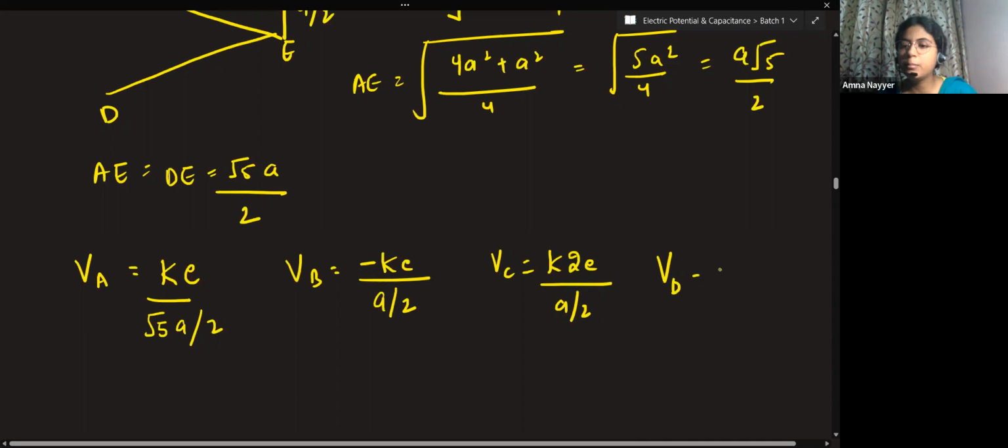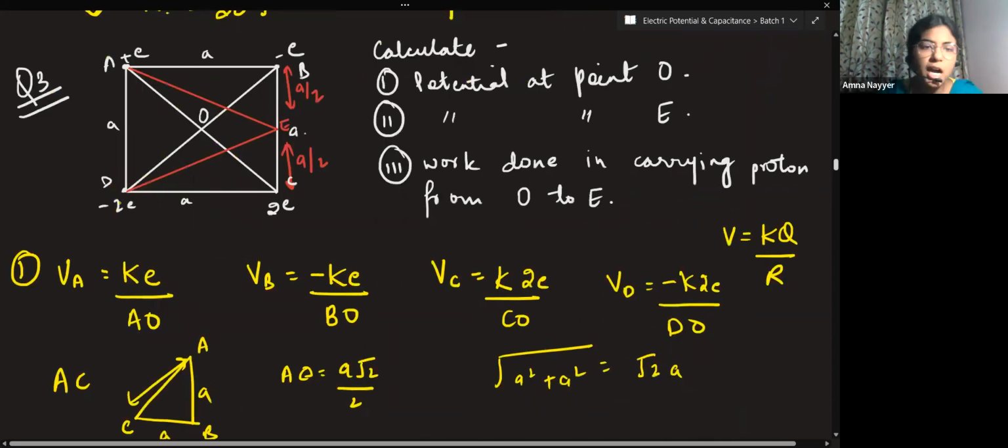Then potential at point D. Now see, charge is minus 2E, separation of point D to point E is what we have calculated, root 5A by 2.